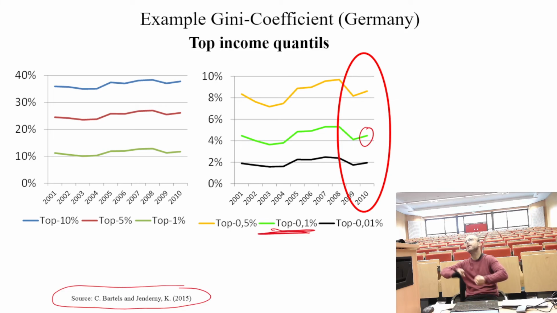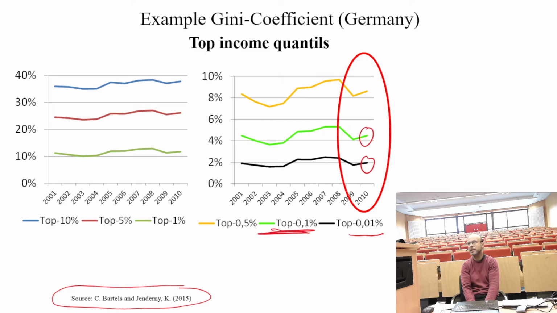Or if you go even to the super rich people in Germany, then they deduced here that 0.01% richest people in Germany.